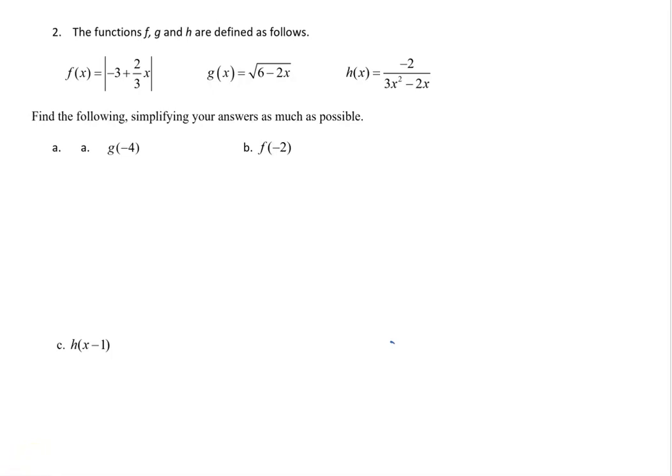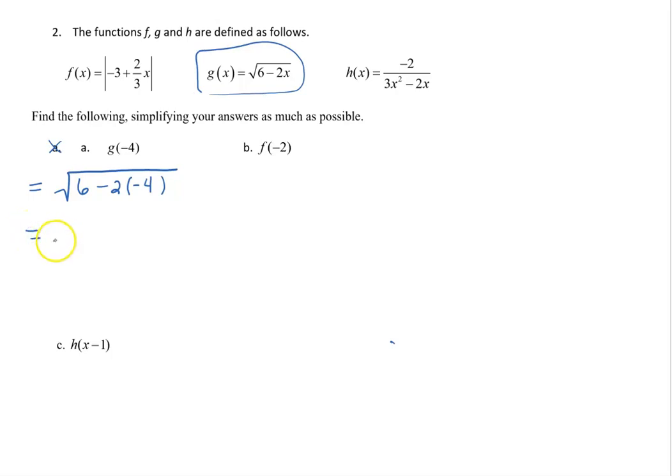We'll continue with more examples of evaluating a function. So if we look at example 2, and sorry that's a typo, we're finding g of -4. So we find the function named g, and we're going to plug in -4 wherever there was an x. So g of -4 is equal to the square root of 6 minus 2, and we're going to plug in -4 here.